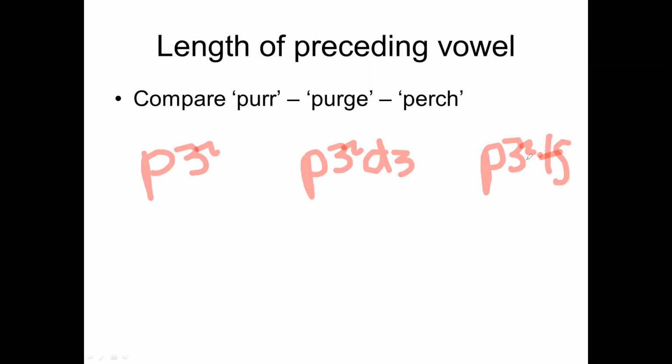All right, and if you say each of those, trying to do it naturally and not mess it up by being too self-aware, per, purge, perch, you'll notice the vowel gets progressively shorter as we go on.